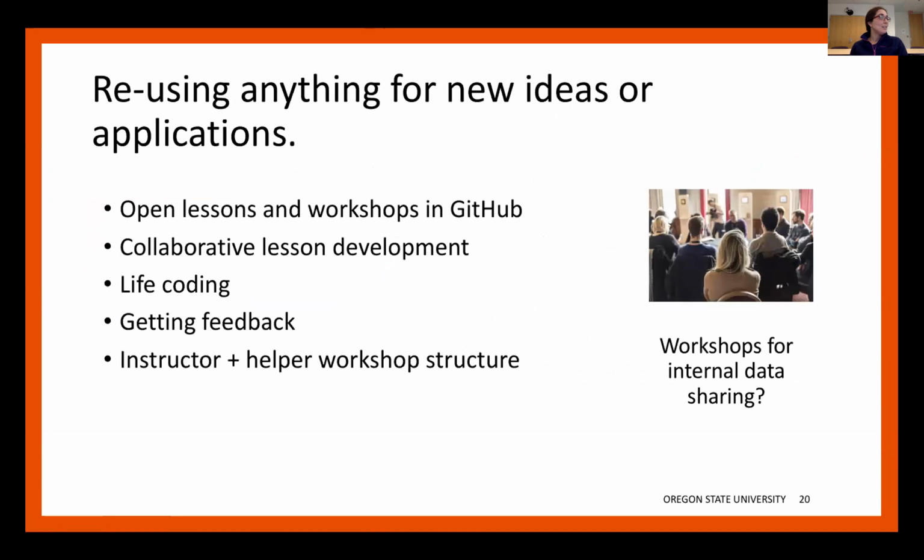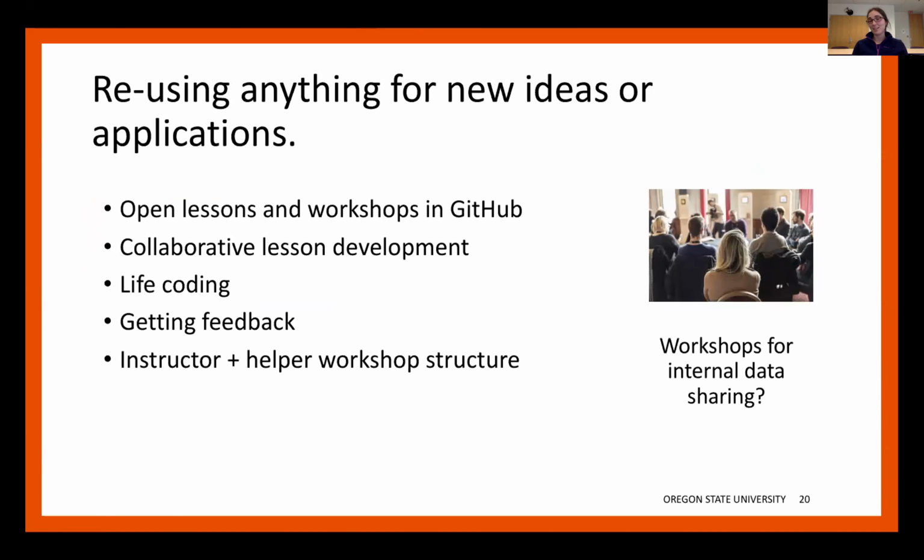And finally, this is my last slide. This is reusing anything from the carpentries for new ideas or applications. I think the idea of having open lessons and workshops in GitHub makes a lot of sense. Collaborative lesson development makes a lot of sense. Live coding makes a lot of sense.